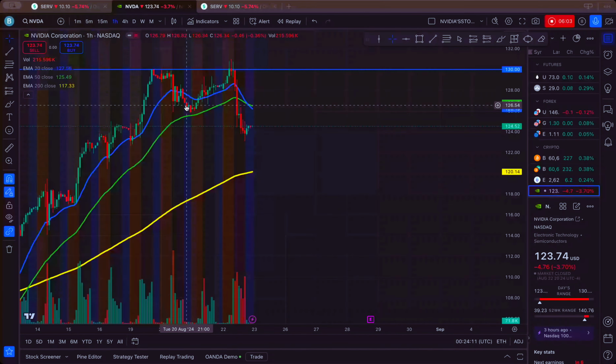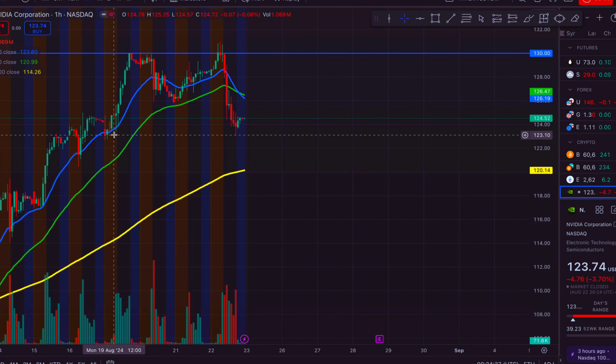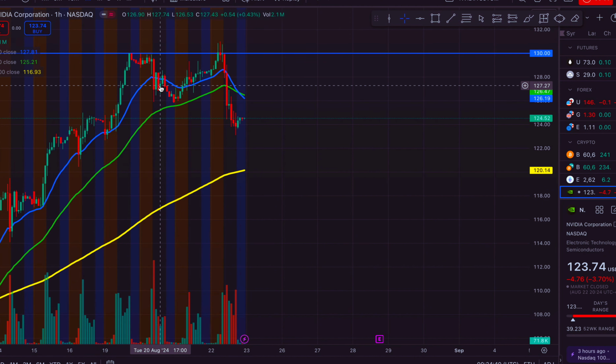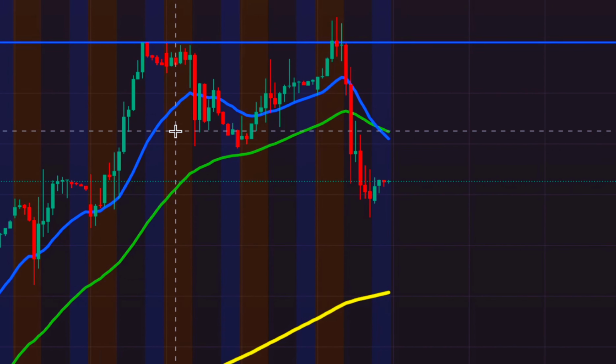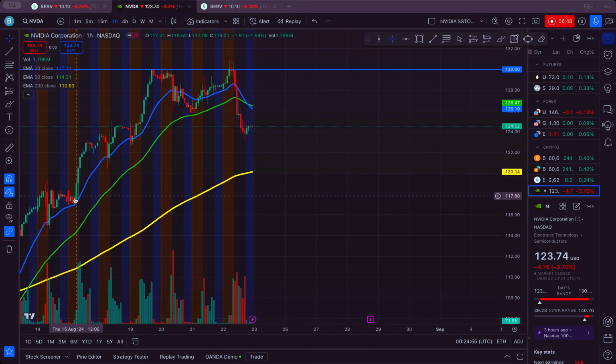Conversely, when the price is below the blue line, it suggests a short-term downtrend. On TradingView, you will see how this line hugs the price closely, offering insight into immediate market direction. It follows the price closely.